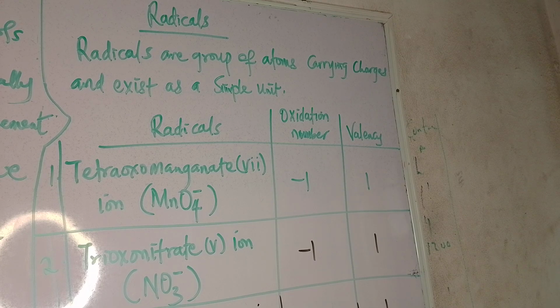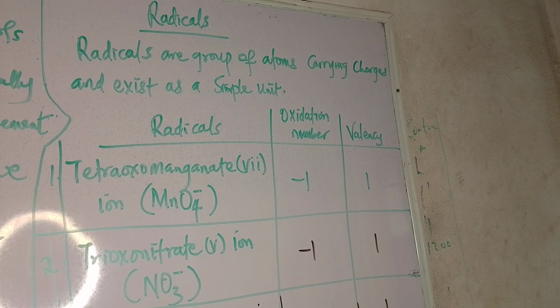If it is just one atom, you don't call it a radical. You call it an ion, whether it is a cation or an anion. But it's a radical when atoms come together with a common charge. That is why we call it a radical.